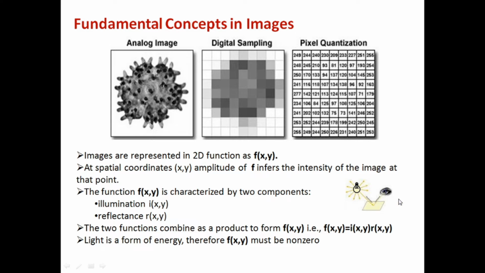At this point, I would like to capture this object through my camera or through my eye. As this object is radiating something into the environment, it is acting as a radiating object.